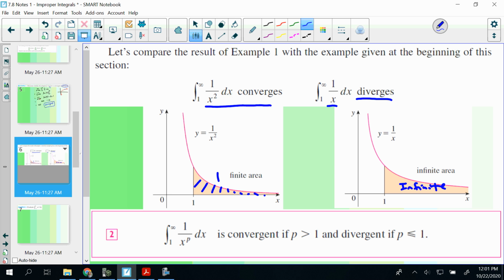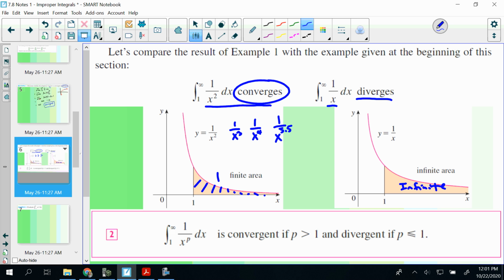So what we can conclude here is anytime you are doing one of these where it's 1 over x to some power, if the power is greater than 1, you get a convergent one. So if this were the graph of 1 over x cubed, or 1 over x to the 4th power, or 1 over x to the 5.5 power, anything bigger than 1, you're going to get one that converges.